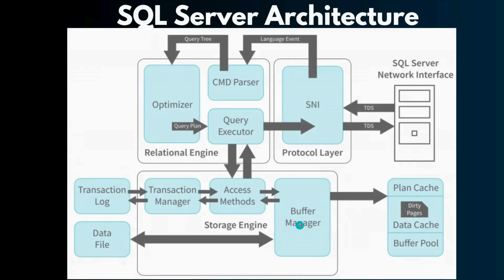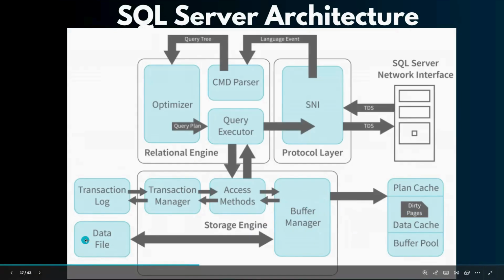First main component is the buffer manager. This buffer manager maintains the buffer pool, or we can say the in-memory cache of data and index pages. It maintains the dirty pages. What are dirty pages? Dirty pages are the data blocks which have been modified in the buffer pool, but have not been written to the disk, or have not been hardened to the data disk till now.